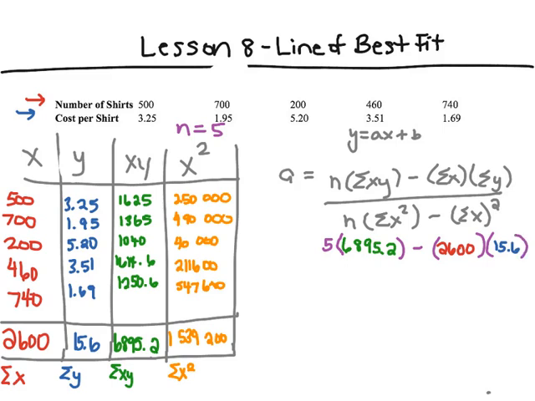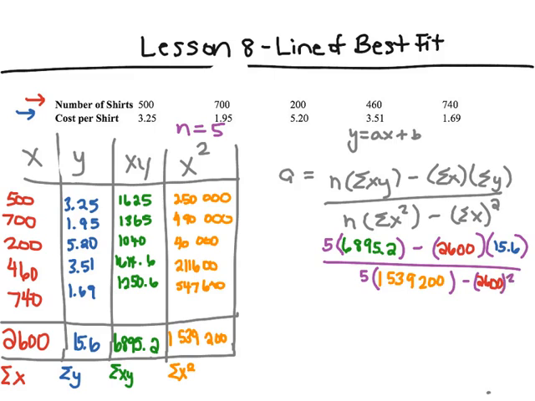All of this is divided by n, which is 5, times the sum of x squared, which was 1,539,200, minus the sum of x, which was 2,600, and then that number we square.